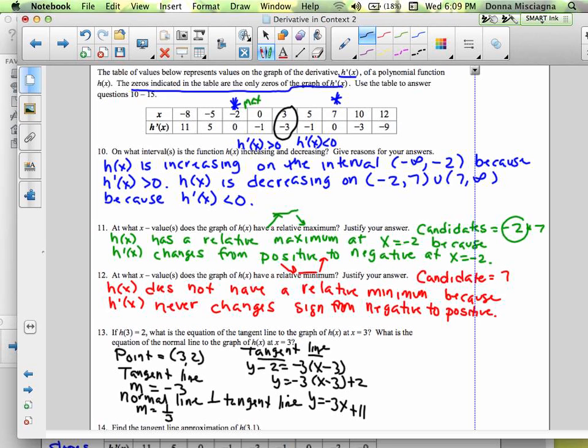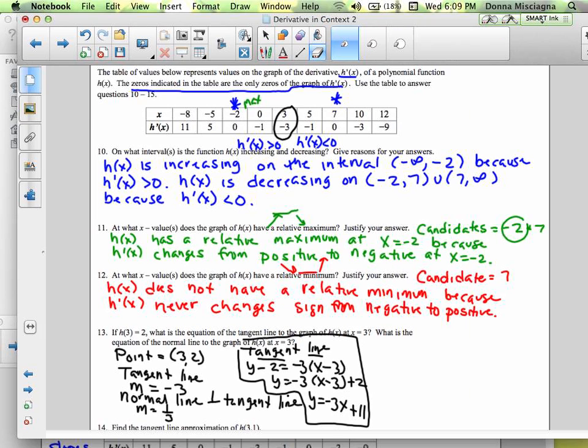So any of these are perfectly good, any one of those three. All right, now let's write the equation of the normal line.